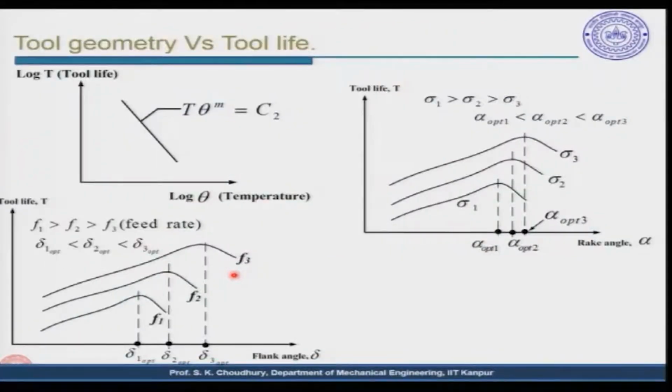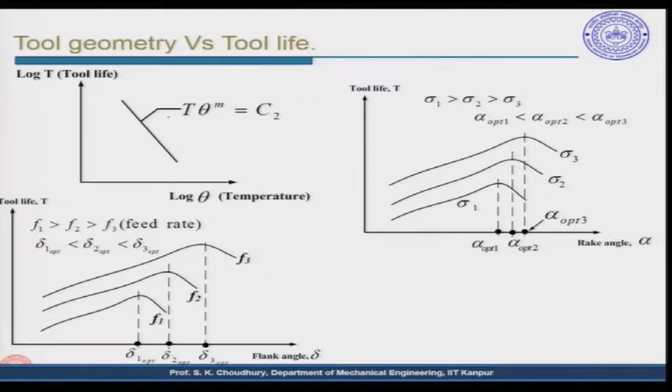For example, here if you see, these are the curves that I have shown earlier. This is a similar curve of tool life and cutting velocity that we have seen earlier. Since on the tool life we have the effect of cutting velocity, feed and depth of cut, together they will actually increase the cutting temperature.